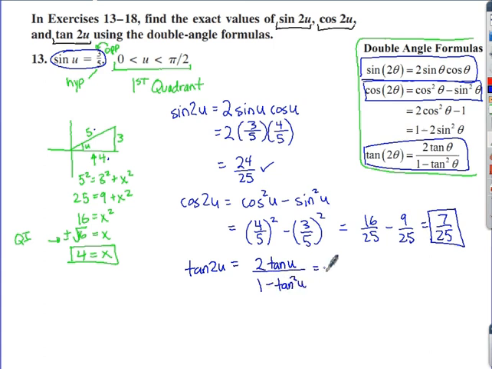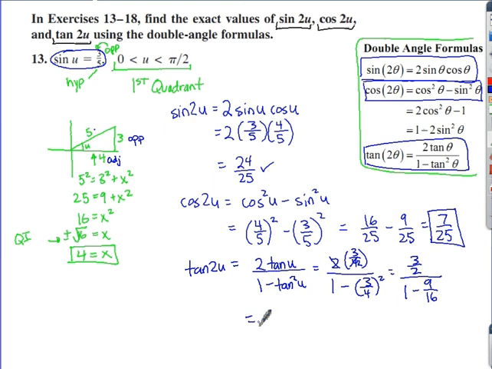Tangent u is opposite over adjacent, so we have 2 times 3 over 4, over 1 minus tangent u, but this time it's squared. The 2 and the 4 cancel, so we have 3 over 2 in the numerator, and we have 1 minus 9 over 16.